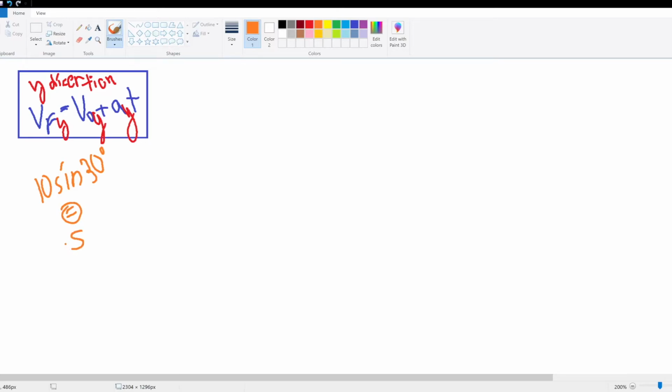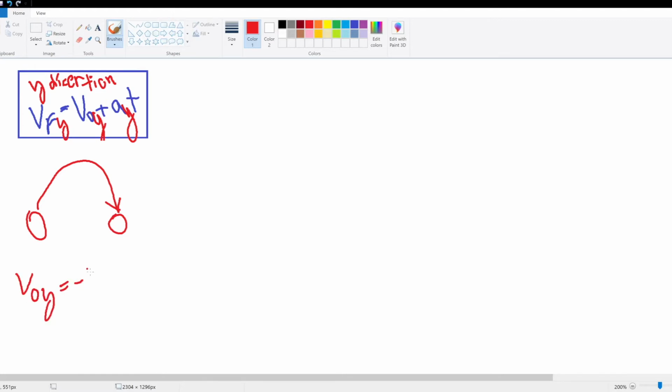Now, what we're gonna say is, okay, what's our v final? Now, we gotta realize that when we have this type of practice problem, where we start here and then we land here, that means that v initial y is equal to negative v final y.